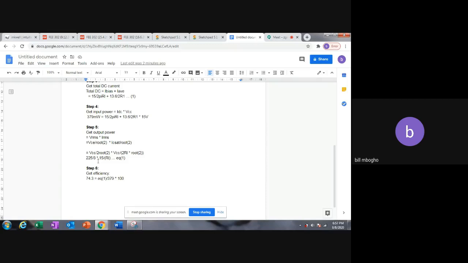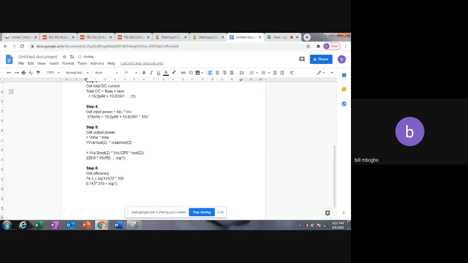Here we have 74.3, 0.743 is equal to equation 1 over 379. So 0.743 times 379 is equal to equation 1.